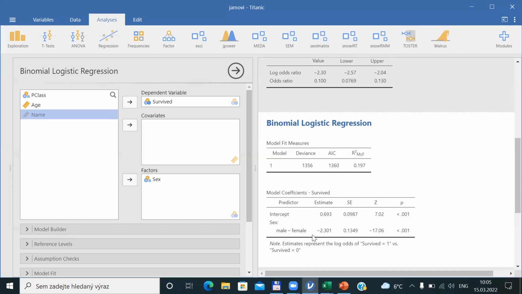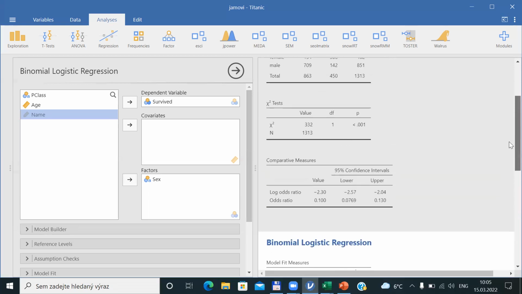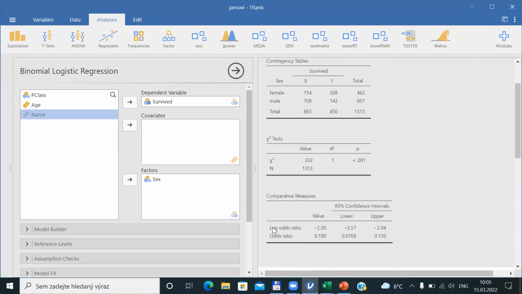sex, male, female, comparison, minus 2.3. And I guess that we know this value minus 2.3 from previous computations. Once again, here it is, and it was the logarithm of odds ratio minus 2.3, which means that the odds ratio is 0.1.